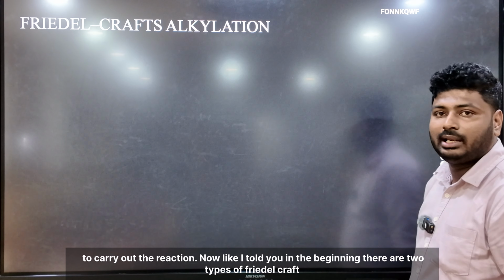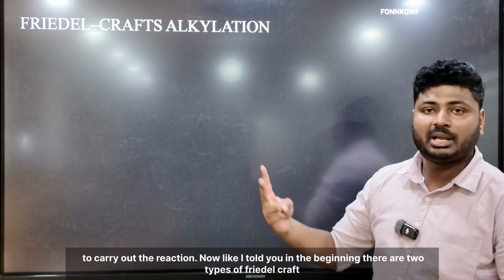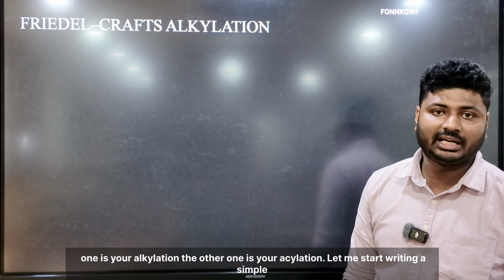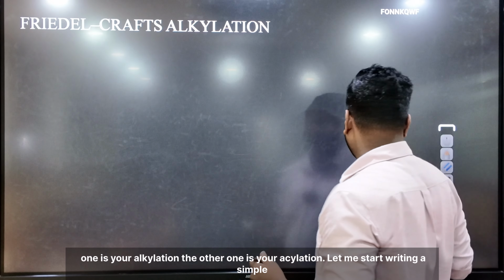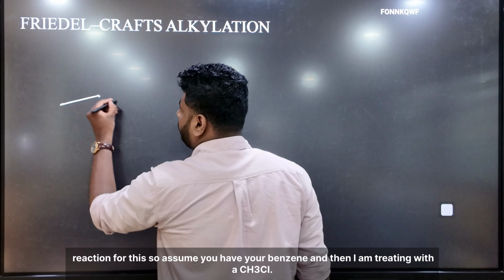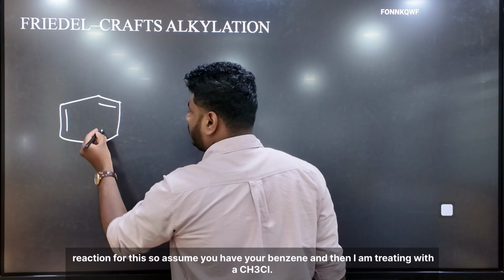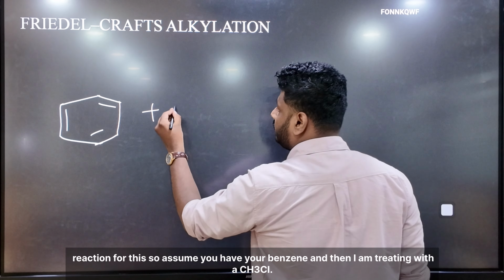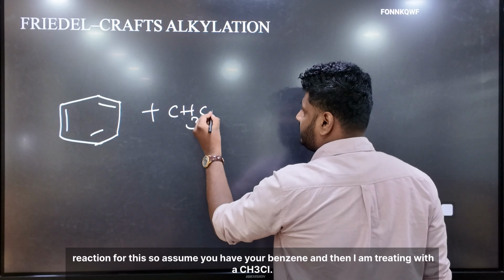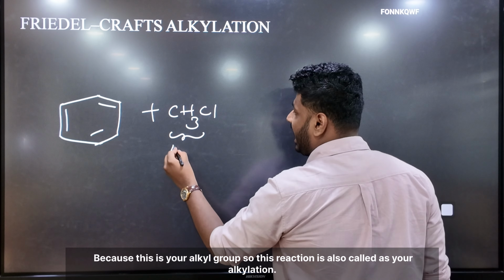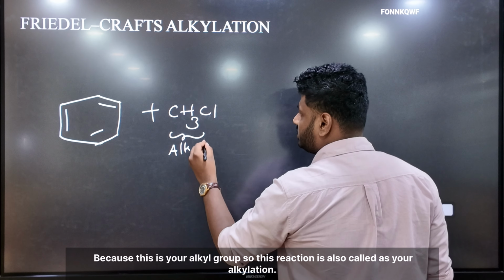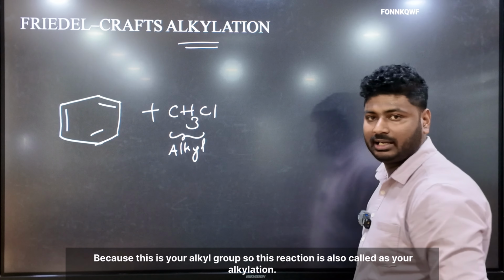Now, like I told you in the beginning, there are two types of Friedel Crafts. One is alkylation, the other one is acylation. Let me start writing a simple reaction for this. Assume you have benzene, and I am treating it with CH3Cl. Because this is an alkyl group, this reaction is called alkylation.